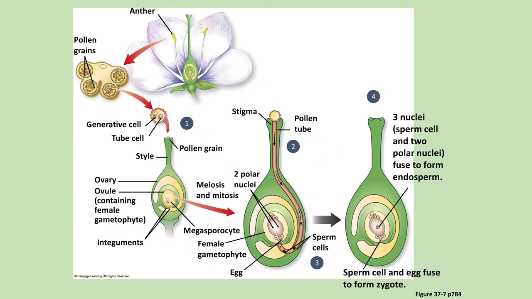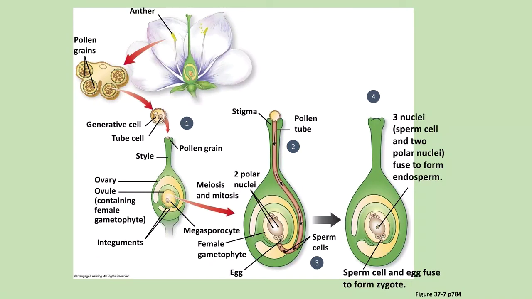So one of the sperm cells fertilizes the egg. Now we're into fertilization. Again, fertilization is when the sperm penetrates into the cell membrane of the egg, and then their 2 nuclei fuse. So we get a 2N, or diploid, zygote. But the other sperm cell fertilizes the polar nuclei.